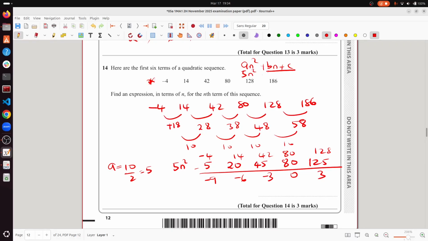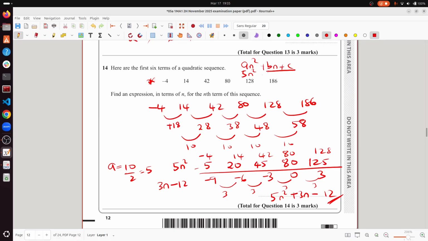For the nth term of this sequence, I can see that it's going up in 3s. I'm adding 3 each time, so that is 3n. From the 3 times table to get to minus 9, I subtract 12. So my equation now should be 5n squared plus 3n minus 12.